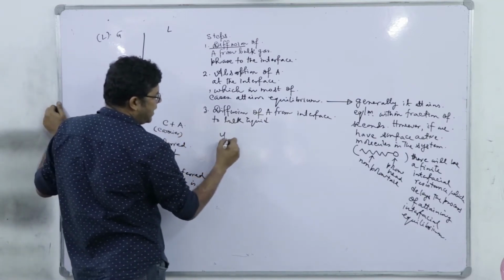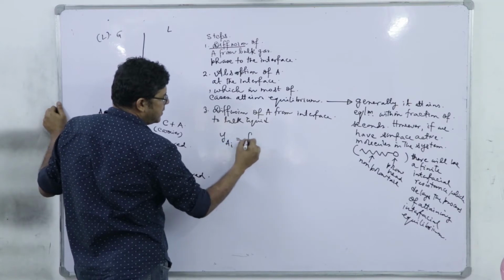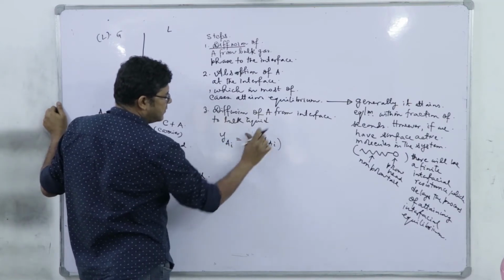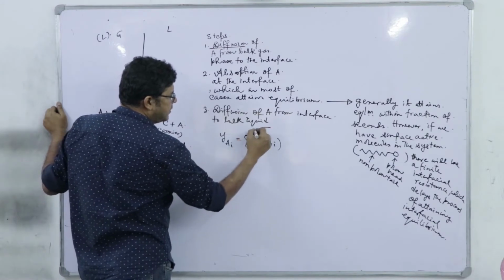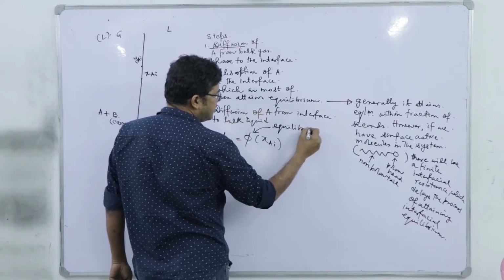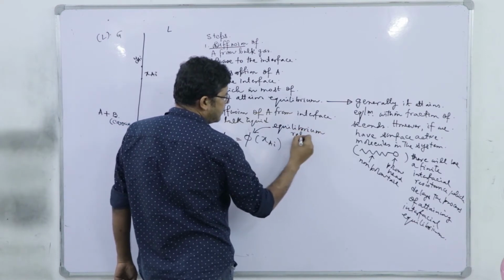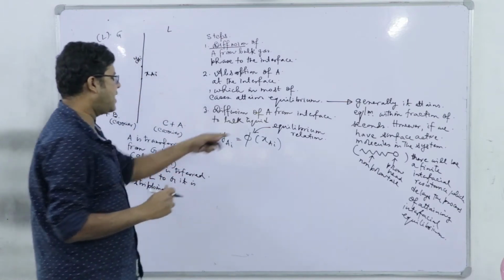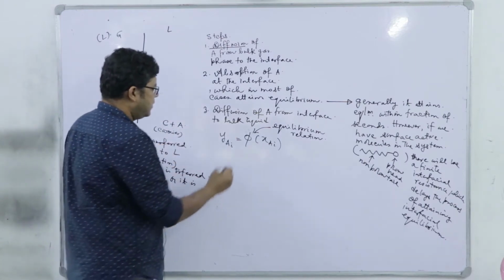So, YAI will have the equilibrium relation with XAI, right. That is the interfacial concentration.